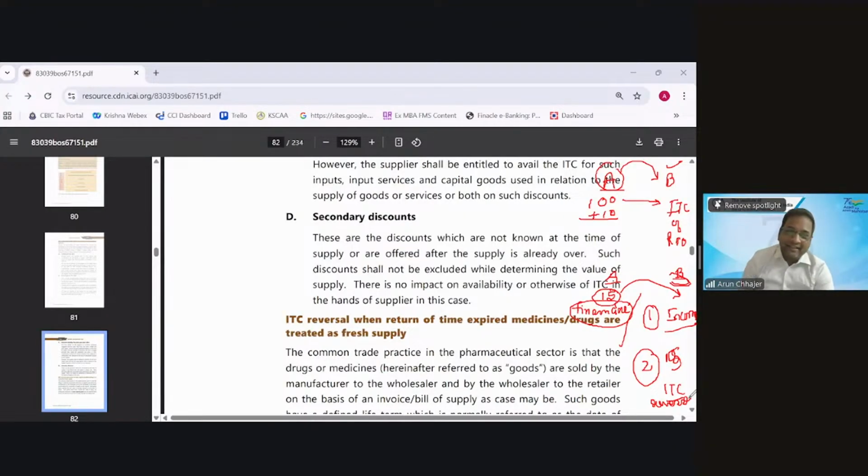Nothing. See, primarily, when A was issuing the GST credit note, because he has reduced the liability by rupees 1, correspondingly Mr. B will reverse the ITC by rupees 1.